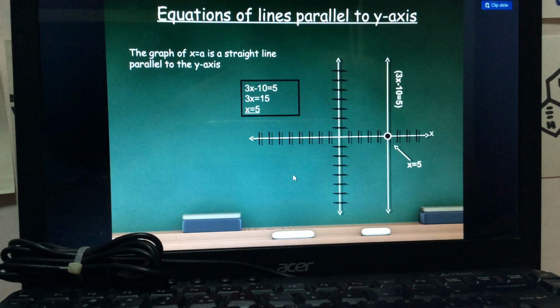So the graph of x equals a is a straight line parallel to the y-axis. As you can see, we graph it in number 5.